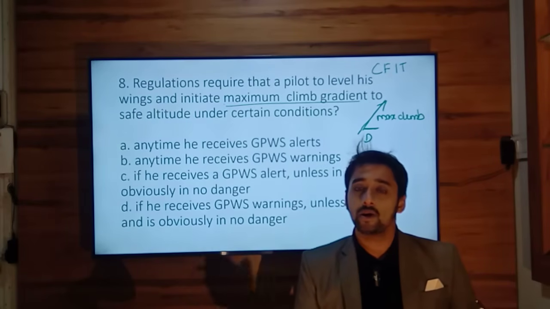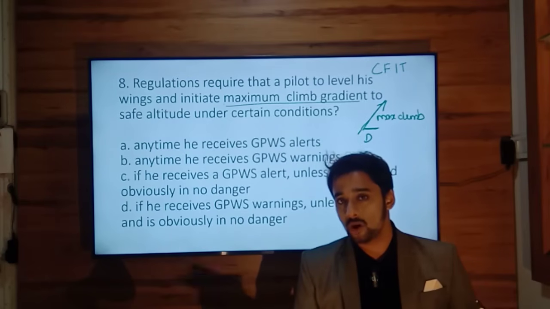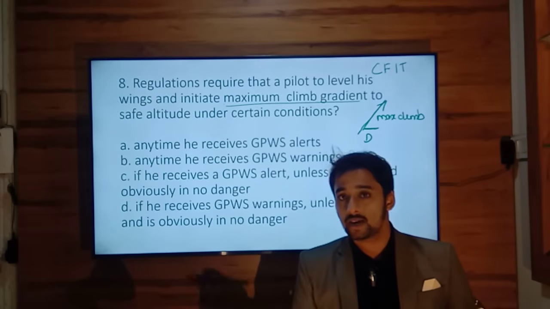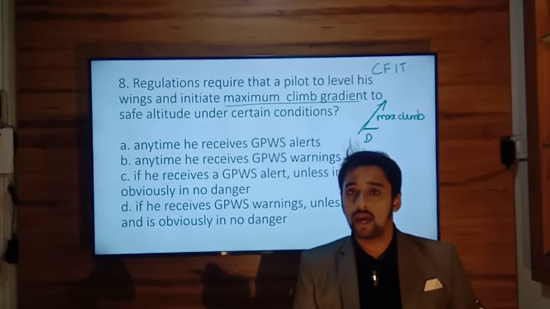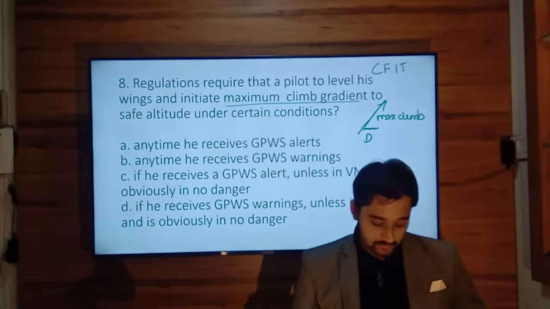Anytime you are close to the ground and the system detects some abnormal tendency of the aircraft to go towards the ground at a very fast speed, there will be an alert, followed by a warning if the alert has been ignored or not acted upon.